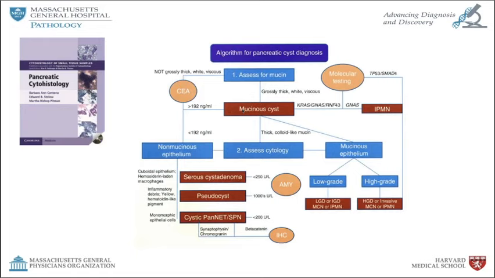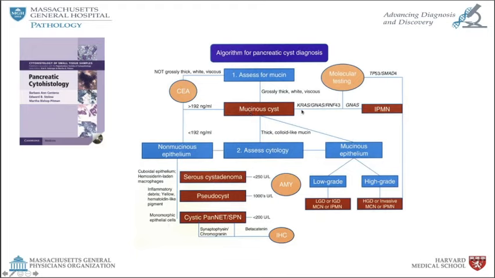Well, it can be sent because you got a high CEA, but it has that epithelial lymphoid background. So, rare false positive with lymphoepithelial cyst. So 192 is my cutoff. Anything above 192 is going to be a mucinous cyst.